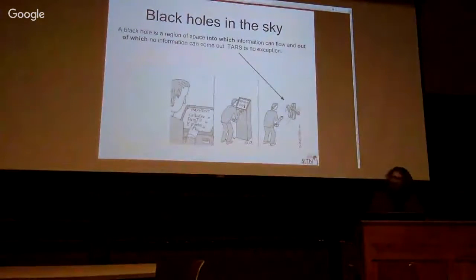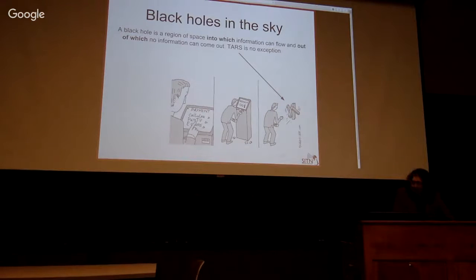So let's start with trying to understand what a black hole is. The first thing I should say is, you should imagine a black hole not as a solid object, but rather a region in space. Not something that you can touch or feel, but a region from which nothing can escape. And when I say nothing, I include light, I include information, I include myself, I include you.